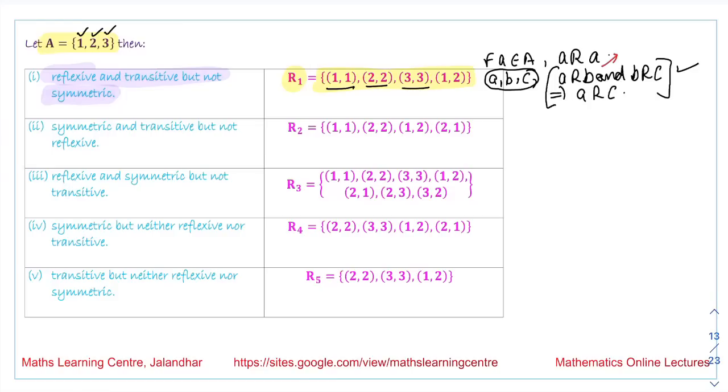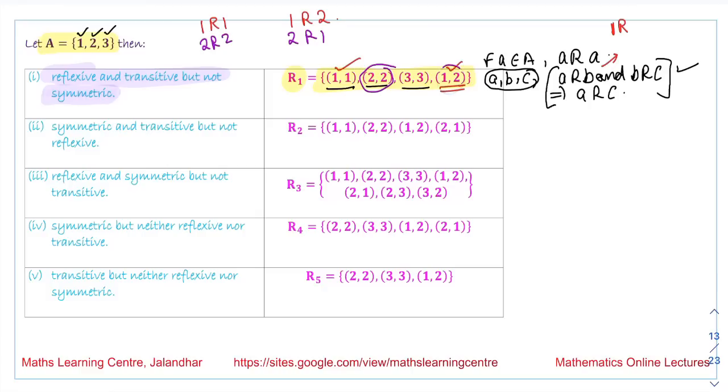Suppose I am taking a equal to 1. 1 is related to 1 or 1 is related to 2. Next, 2 is related to 2 or 2 is related to 1.